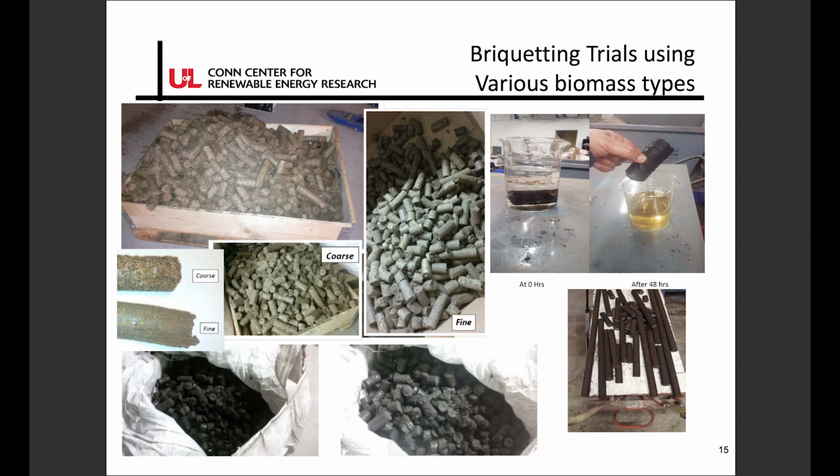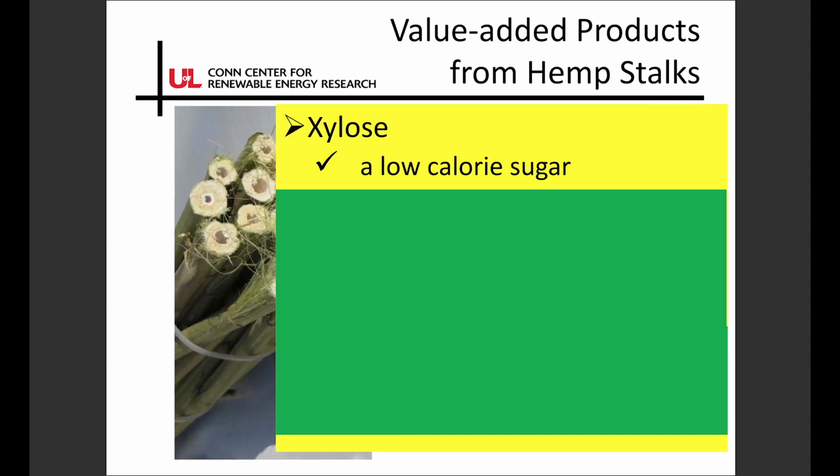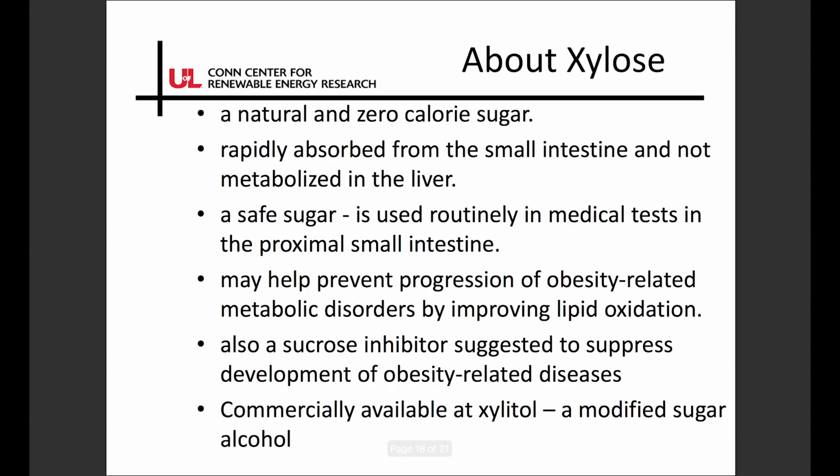The next product I would like to share with you is xylose sugar. This is a low-calorie, essentially zero-calorie sugar. The true natural sugar out there is something called Truvia that they sell currently, made from the Mexican stevia plant, and that's the only true natural sugar out there.